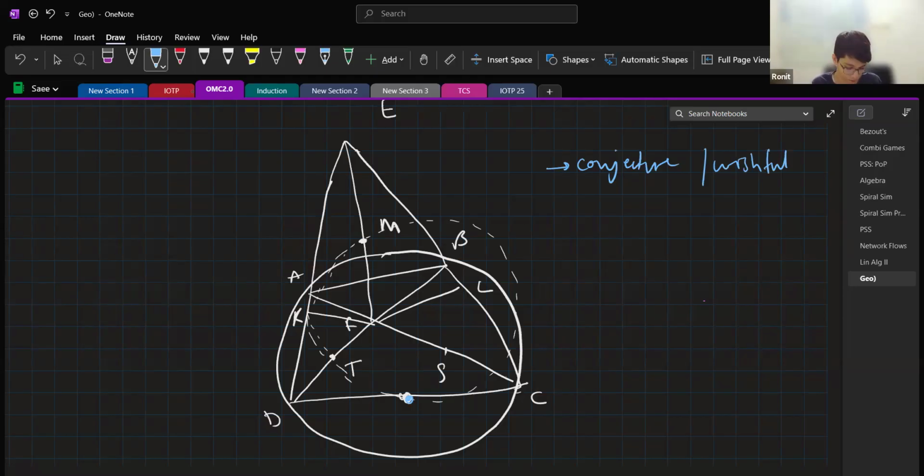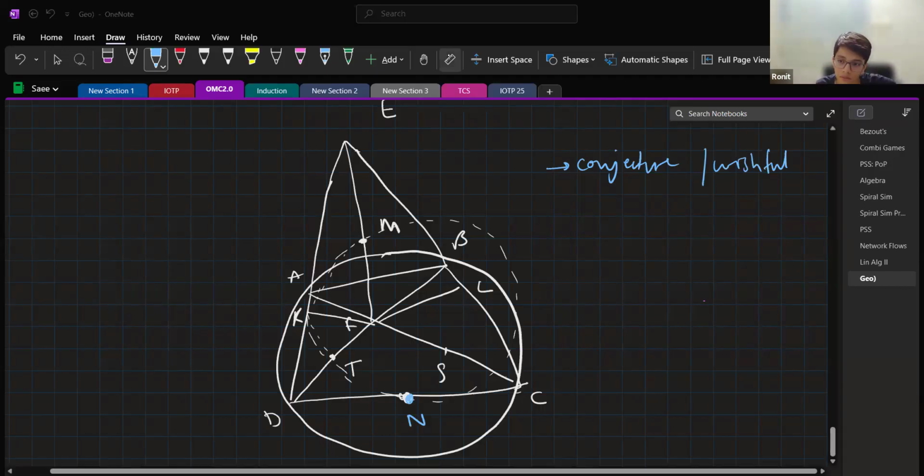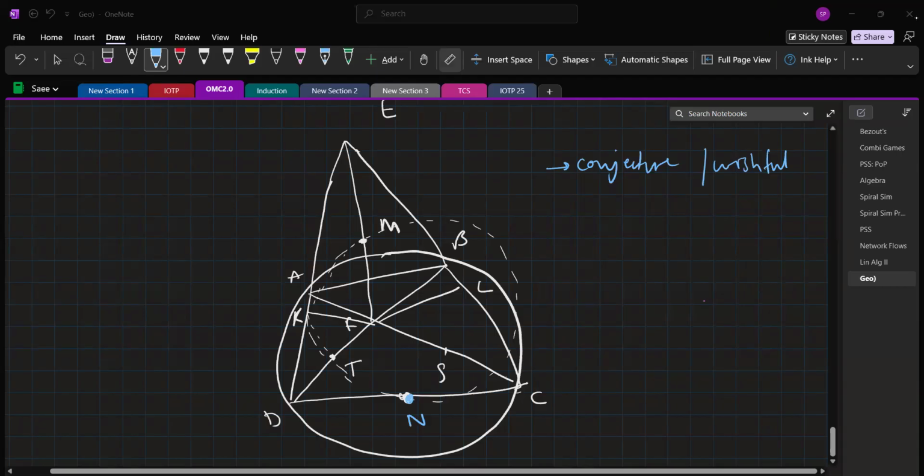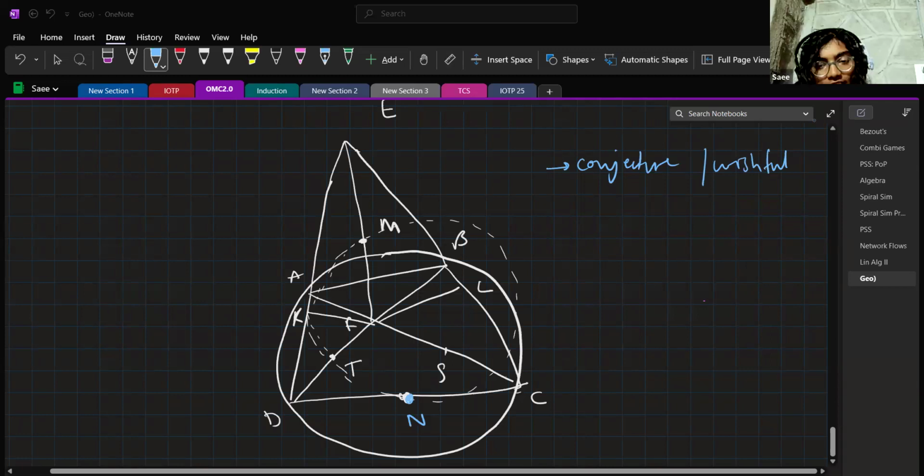In mine, D is also closer to E, and C is closer to E. But D cannot be closer to A because AB is smaller than CD. Yeah, AB is given to be smaller than CD.